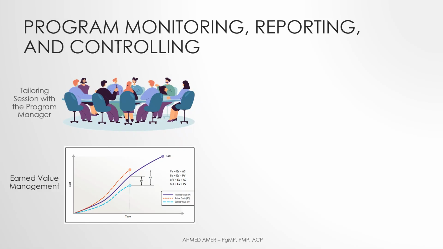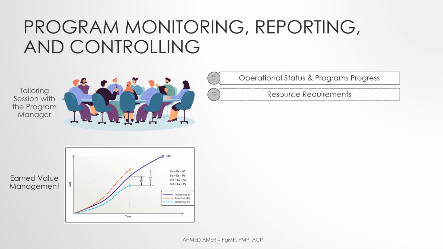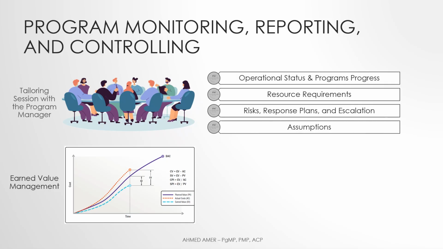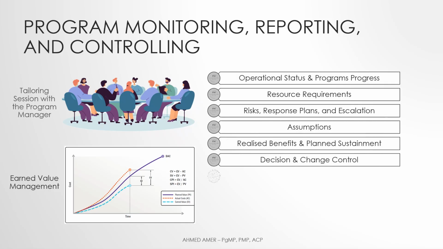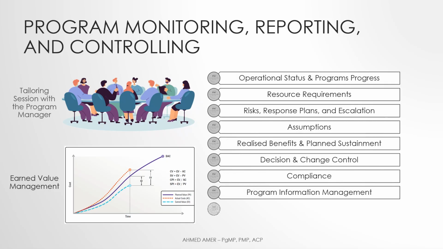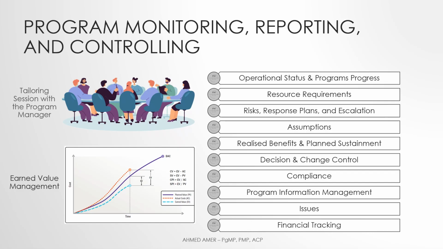Program reporting often covers the following: operational status and the progress of programs, its components, and related activities. The program resource requirements, either planned or allocated. Identified program risks, their response plans, and agreed escalation criteria. Assumptions, whether they are strategic or operational.